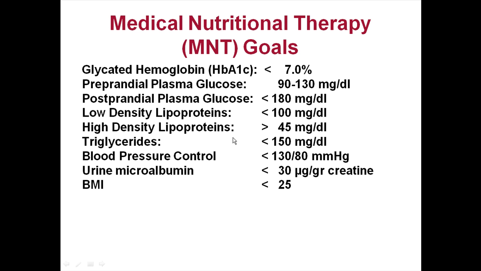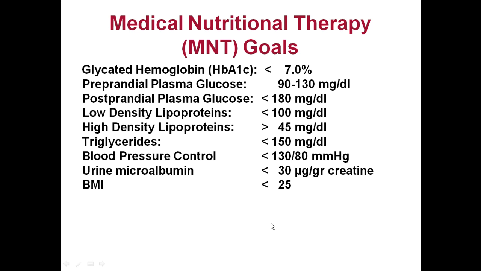We'll talk about LDLs and HDLs when we get to heart disease, but LDLs are the bad cholesterol, HDLs are the good ones, and you've heard some about triglycerides. They're getting more and more important, but these are the levels. If some of you have had blood tests for cholesterol, you've probably seen these numbers, but these are goals.